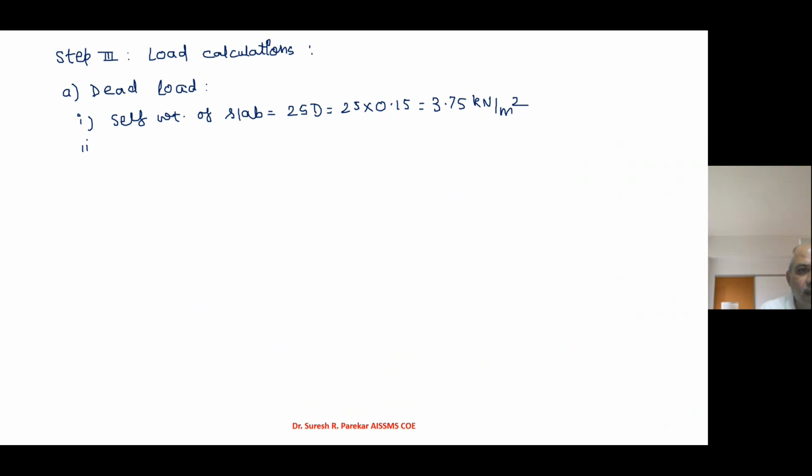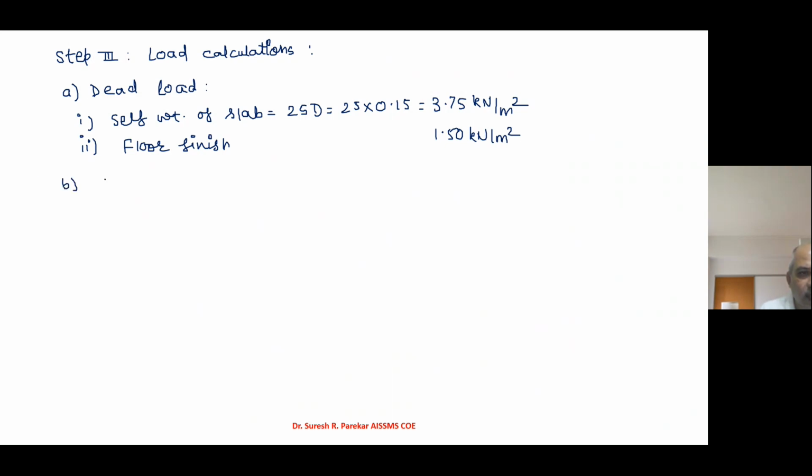Then second under dead load, we have floor finish, which is given as 1.5 kilonewton per meter square. So we have these two dead loads.